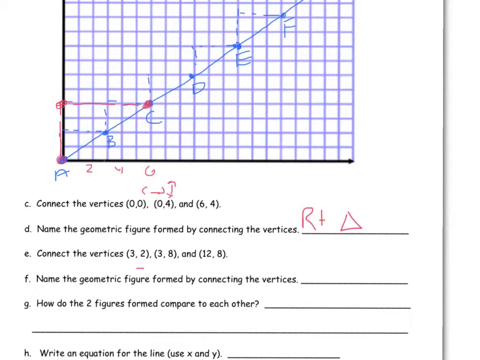Then we're going to connect the vertices 3, 2. So here is 3, 2 right there because we have to go over first and then up and down. Make sure you're correcting, not just watching me correct your paper. And then over 3, up 8. So it helps me to number my axes. So 2, 4, 6, 8.